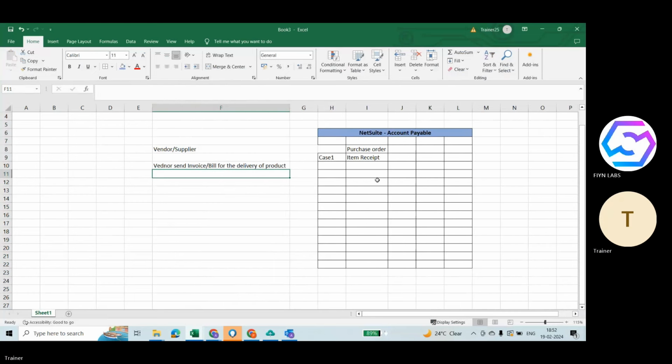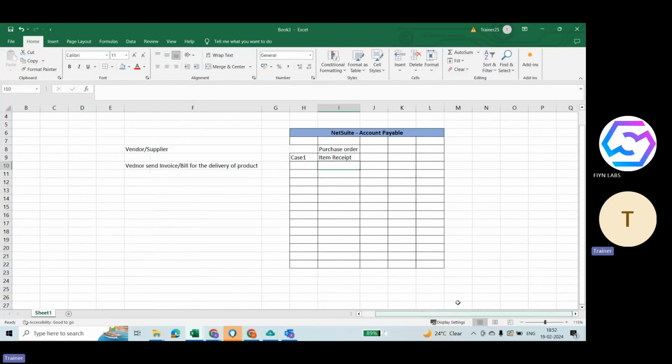For that we create a vendor bill. In some companies, in some terminology, we call it a vendor bill, or you can say a vendor invoice. Both are fine, the meaning is the same.